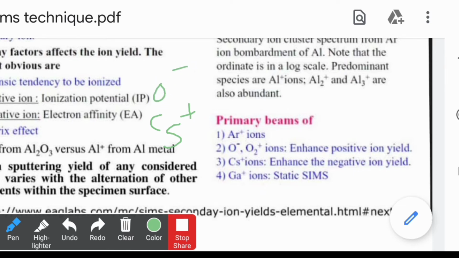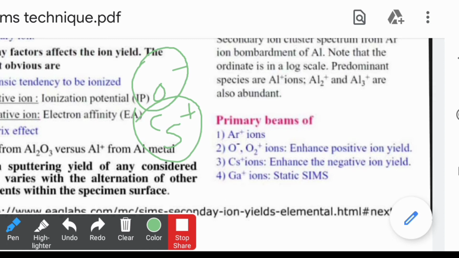I am talking about the source of primary ions. The positive ions and negative ions are the secondary ions. In order to generate these secondary ions, we require a primary source of negative charge and positive charge respectively. So you must understand the basic difference between the primary source ions and the secondary ions.